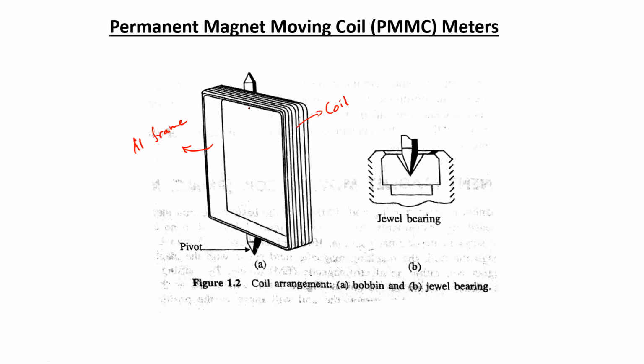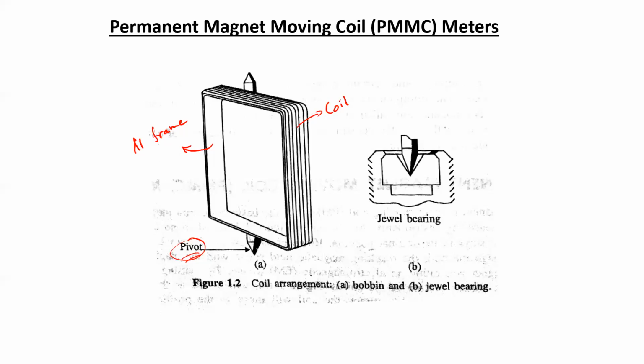This aluminum frame containing the windings is connected with the shaft and the pivot, and the whole coil arrangement can move with respect to this pivotal point. So this signifies the rotational axis for this particular coil arrangement, and with respect to this rotational axis, the coil will have a circular trajectory.